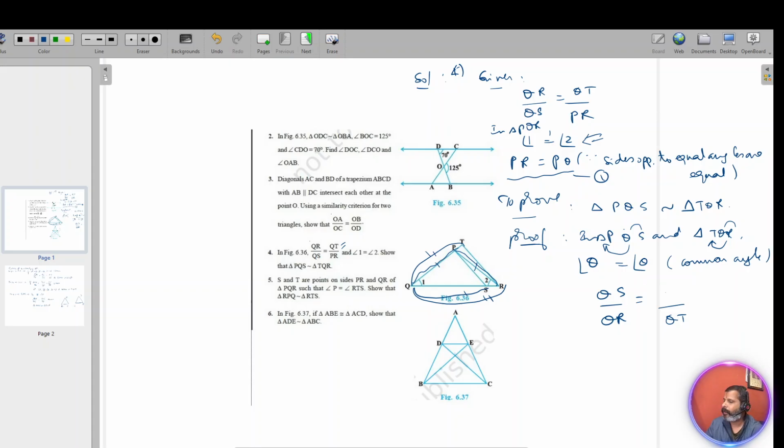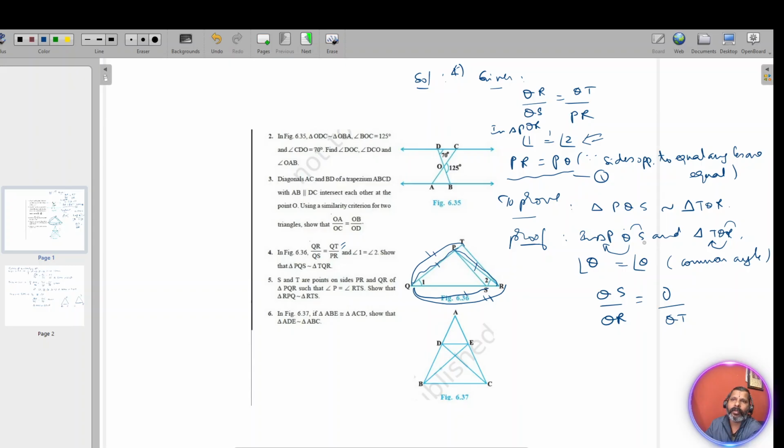So I can write QT by QR, QS by QR is equal to QT by what?